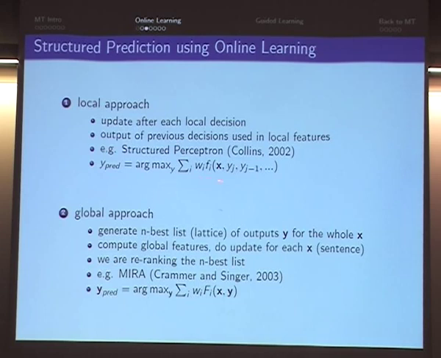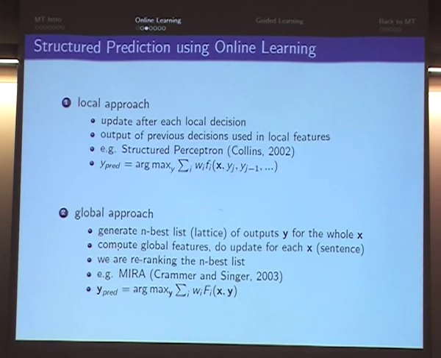So this way the structure gets inside. On the other hand, you can think of it in a global approach, where first you somehow generate the n-best list of outputs for the input sequence X. So let's say 1,000 sequences of tags or 1,000 parse trees.